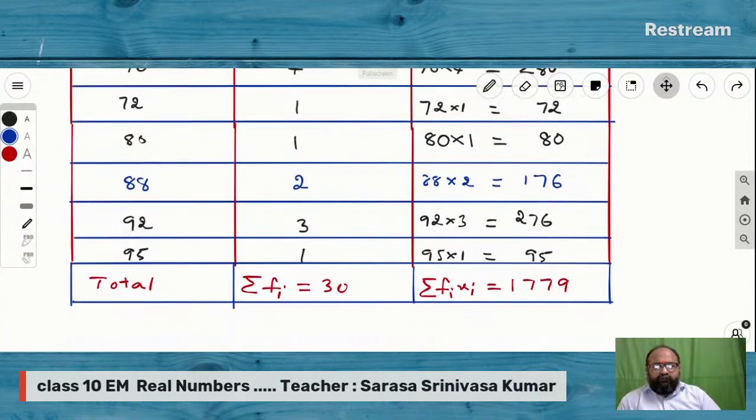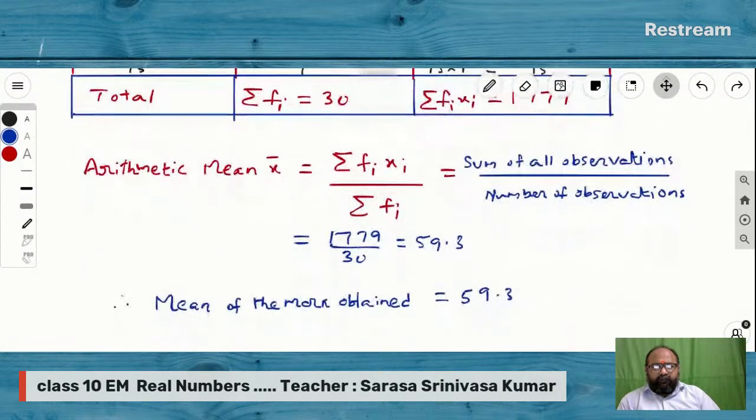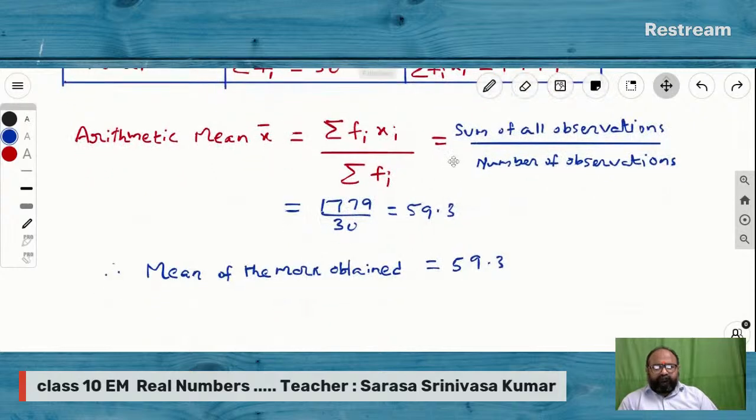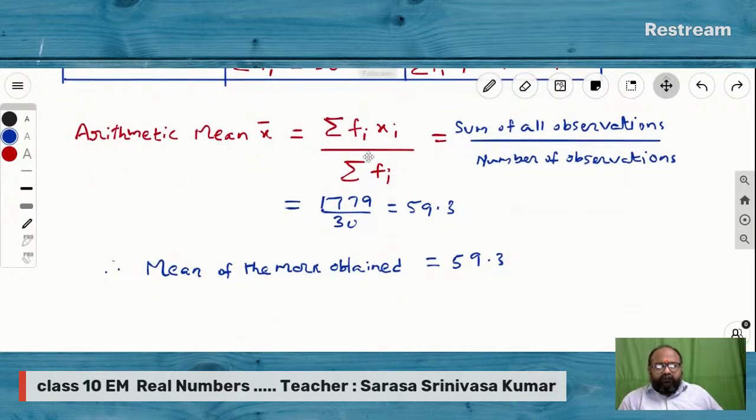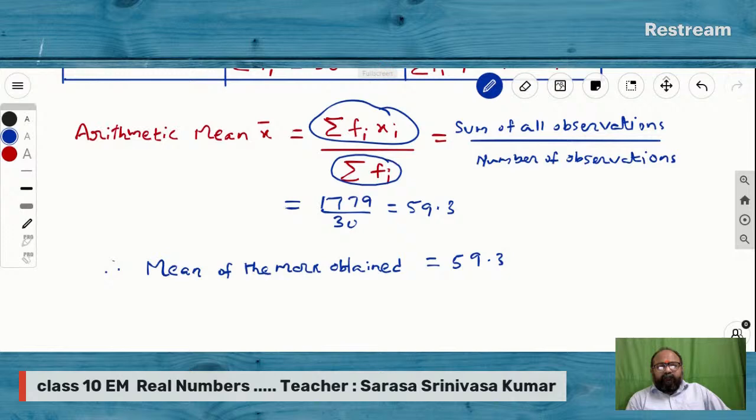Now we use the formula for arithmetic mean. Arithmetic mean equal to sigma Fi xi by sigma Fi. This is the third column, and this is the second column.